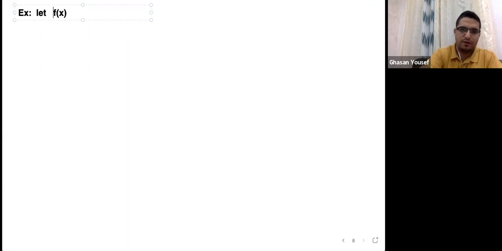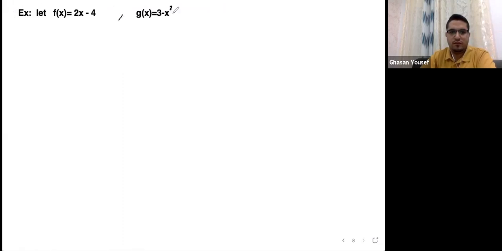Let f of x equal 2x minus 4, and my second function g of x equal 3 minus x squared. So my question now, number one, find f circle f of 2.